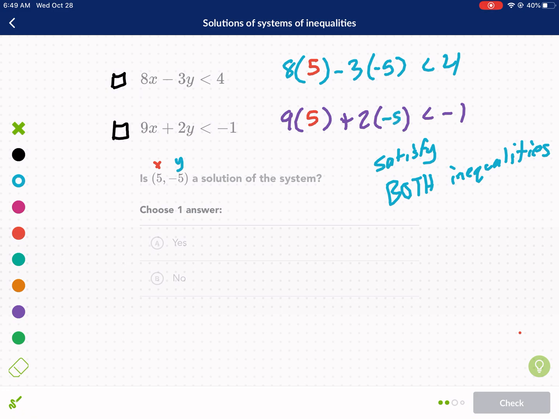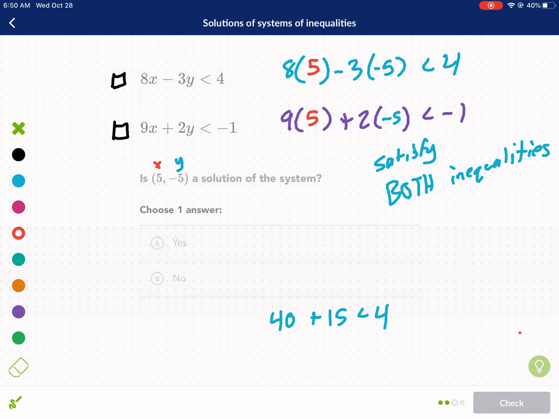Okay, so let's do some solving here. For the top one, oh man, I wish I would have given myself more space. For the blue one, let me just use blue so you guys know. So we have 40 minus, well, that's going to be plus because it's negative, 15 is less than 4. That's clearly not going to be less than 4 because we get 55 is less than 4.